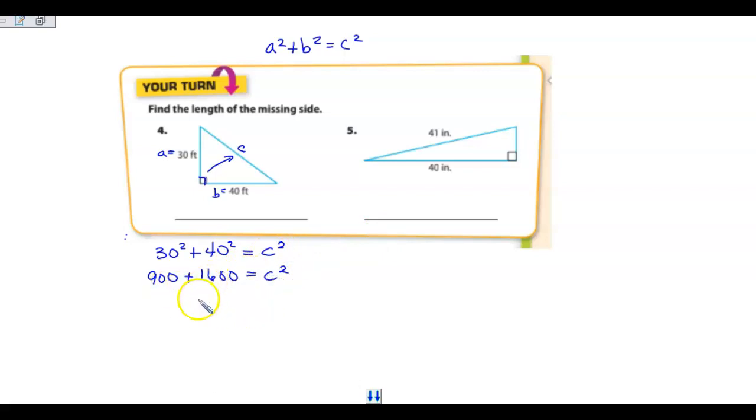So 900 plus 1,600 is 2,500. And if I were to find the square root of 2,500, I'm going to find that the square root of 2,500 is 50, and the square root of c squared is c. So c is going to equal 50 feet.